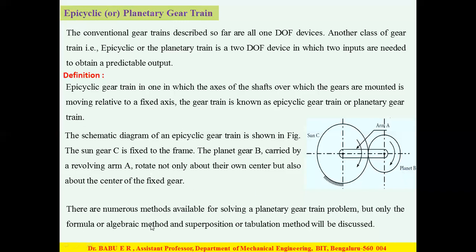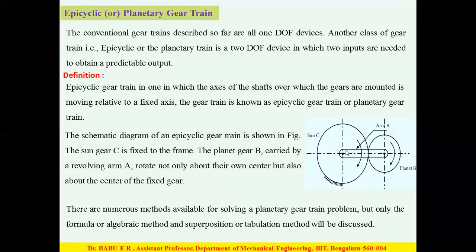There are numerous methods available for solving a planetary gear train, but only the formula or algebraic method and the superposition or tabulation method will be discussed. Up to now, finding the velocity ratio or train value was very simple, using a simple formula, because we saw only 1 degree of freedom.